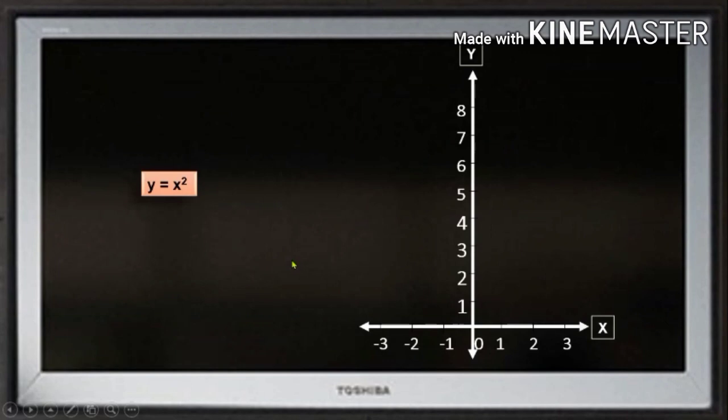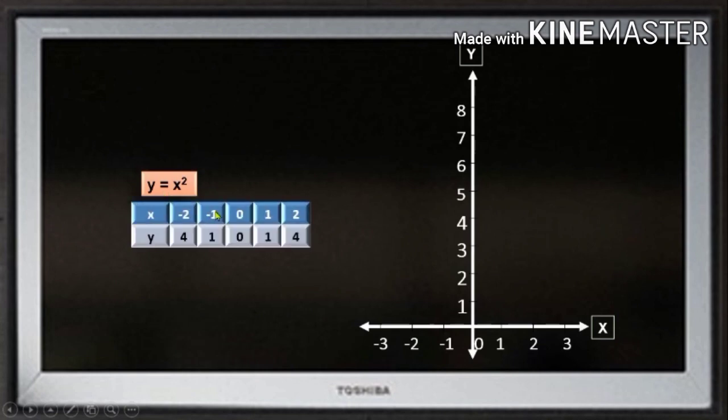Our first example, we have the quadratic function y equals x squared. So this is the corresponding table of values. If x equals 0, the value of the function is also 0. If x equals negative 1 and positive 1, the value of the function is the same, 1.